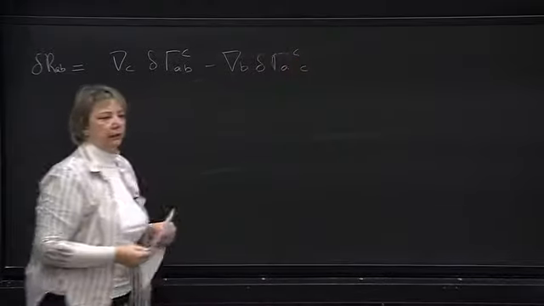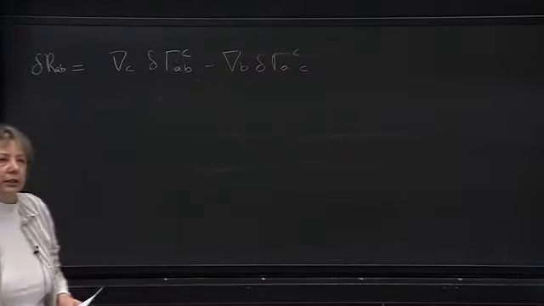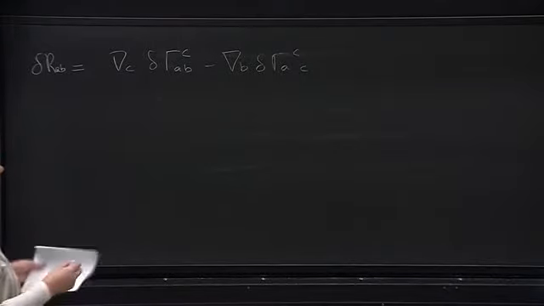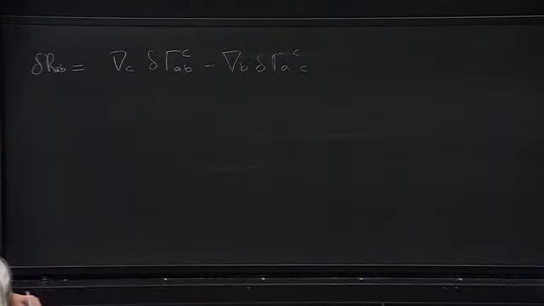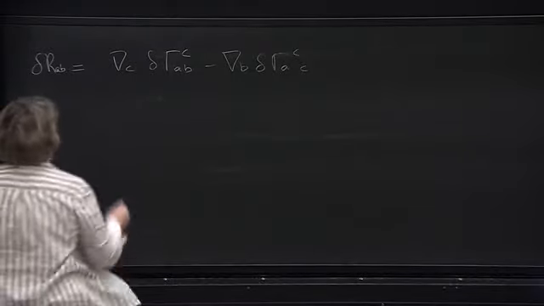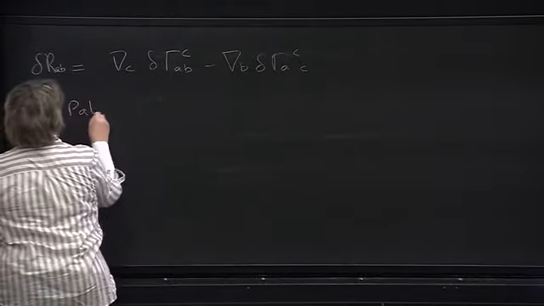And so you find that the variation of the Ricci tensor is given as an expression in terms of covariant derivatives of the variation of the connection. This is known as Palatini's lemma.